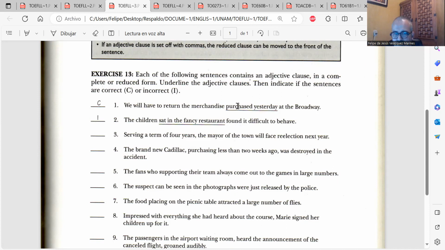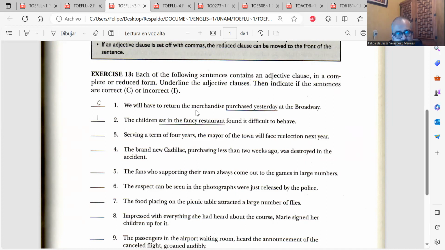So remember, this is a reduction of, we will have to return the merchandise which was purchased yesterday. This is correct because, following the rules of reduction, we eliminate which, we eliminate the auxiliary. This is passive voice, purchased.